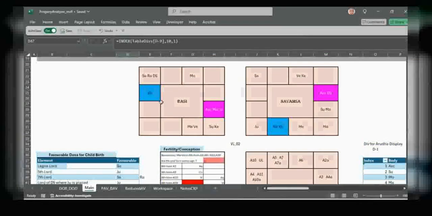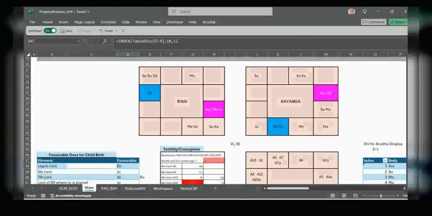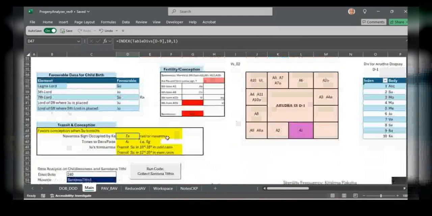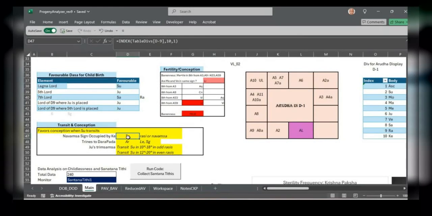In this case, Ketu happens to be in Virgo. In the Navamsa sign, it is in Taurus. So the Navamsa sign occupied by Ketu is Taurus. So when the Sun transits this Taurus, either in Rasi or Navamsa, then it is conducive for the birth of a child.